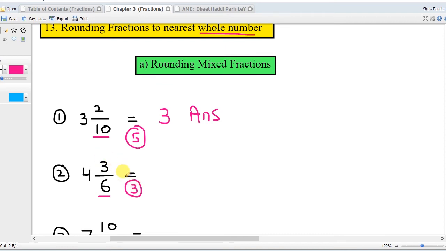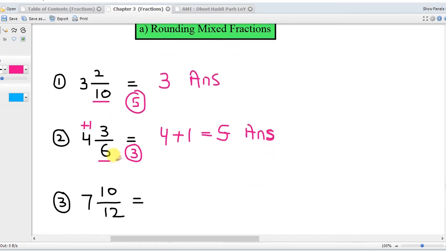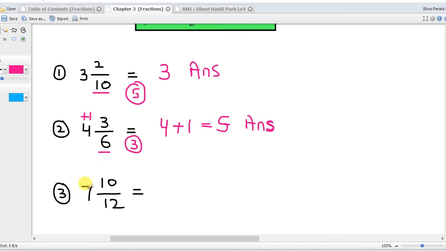Since this 3 is equal to this 3, when the numerator value is equal to or more than this value, then you have to add 1 to your whole number, right? Your whole number is 4, and add 1 to it. So this will become 5. Simple.